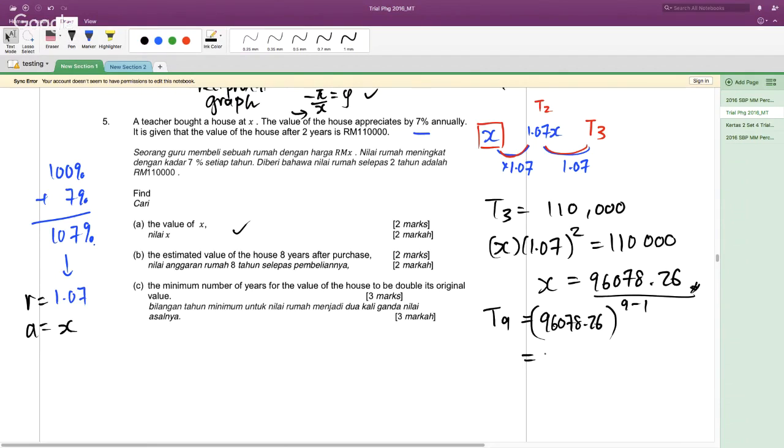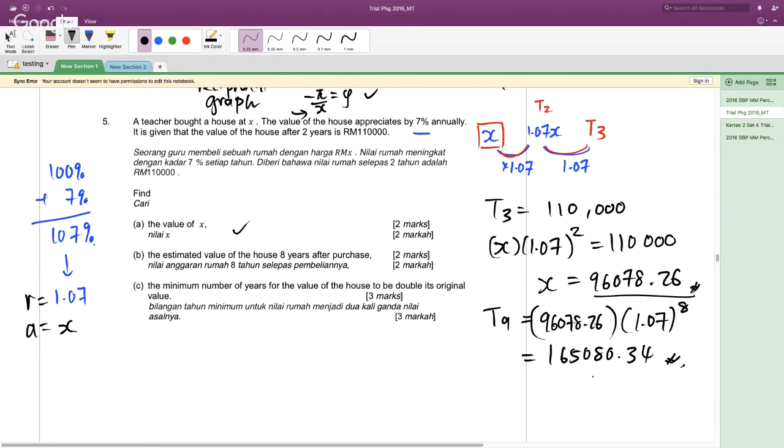R is 1.07, so multiply by 1.07 to the power of 8. So you should get 165080.34. Okay, this is how much your house is worth after 8 years.